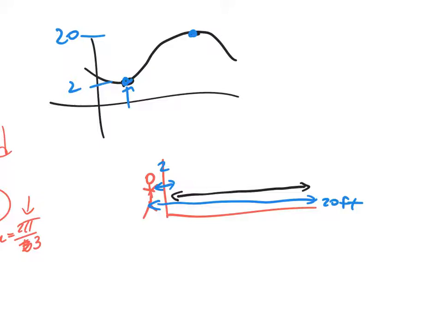So I think one of the best things you can do when you have something that isn't making a curve like in the real world, it's just going back and forth, is to make one of these pictures and label it for yourself and say, okay, the closest it ever gets is 2, the furthest it ever gets is 20, and obviously the tiger goes all the things in between, okay? And then what else do we need? Well, we need numbers for this x-axis. Now, there's 2 different ways they can give that to you.